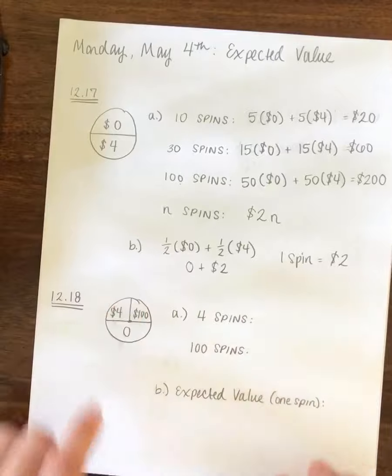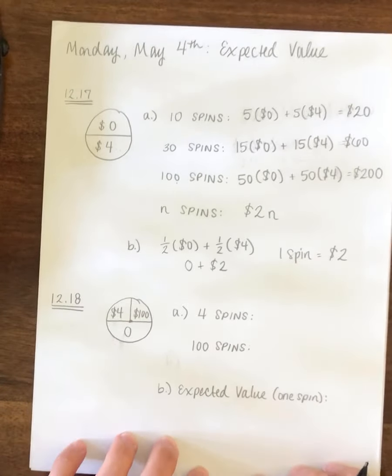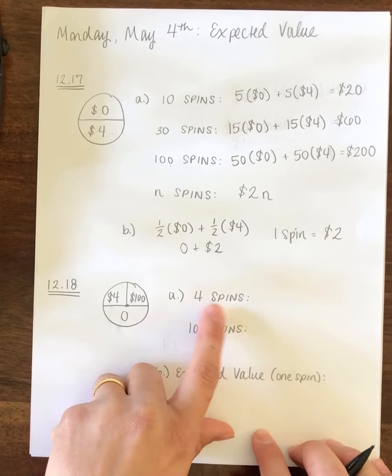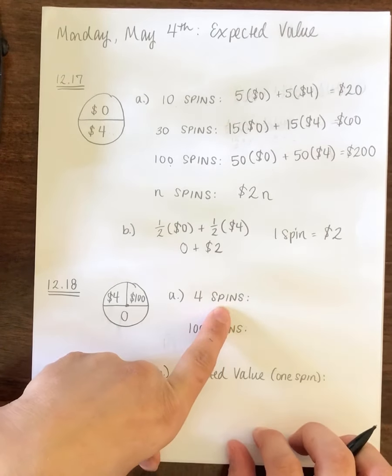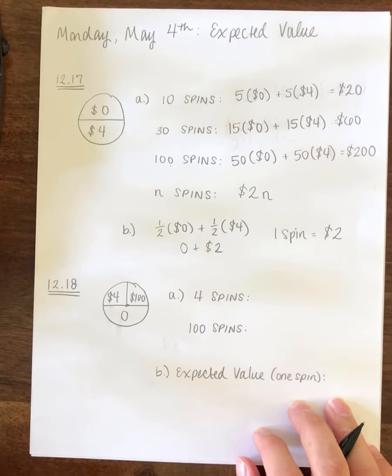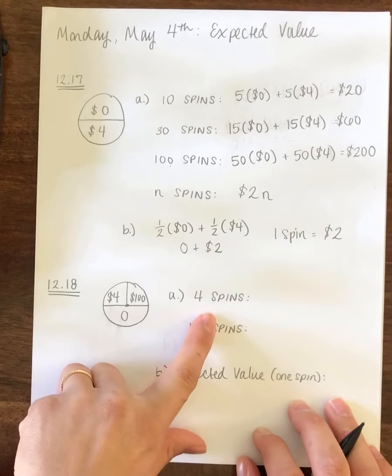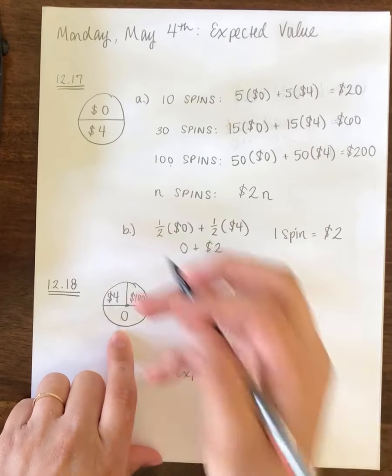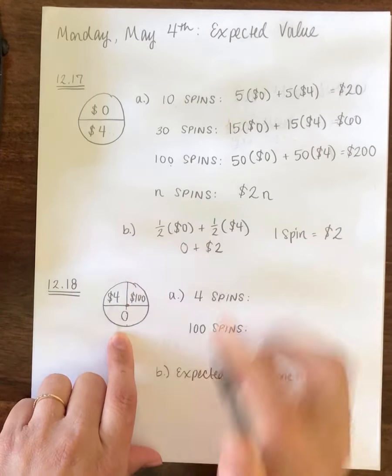Okay, so let's continue to generalize that idea with one more practice problem. If we look at part B here, same idea. What would happen if we were to spin this 4 times? Well, let's think about this. In 4 spins, if we think about this in quarters, right?